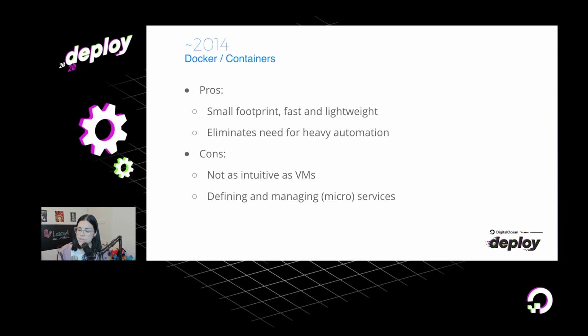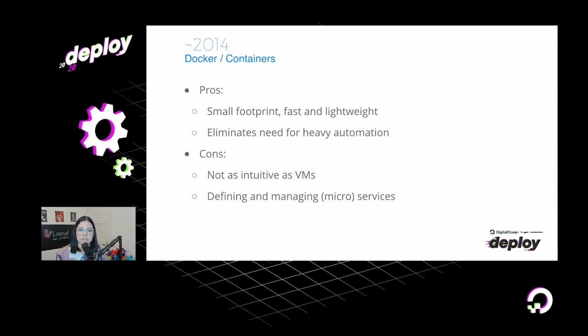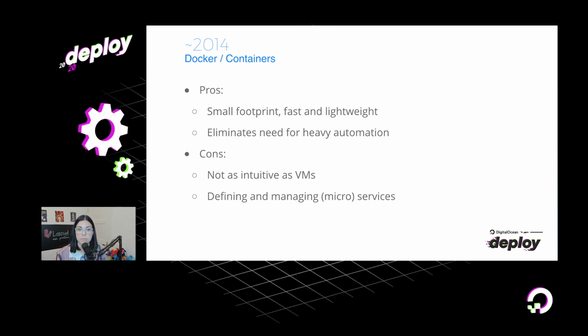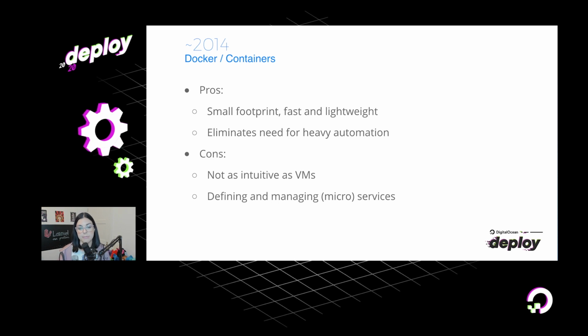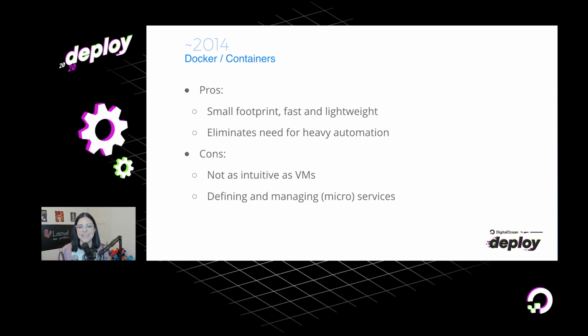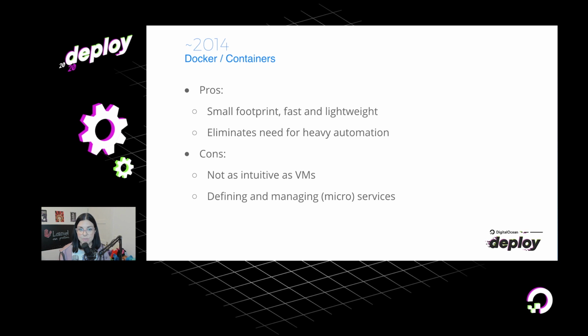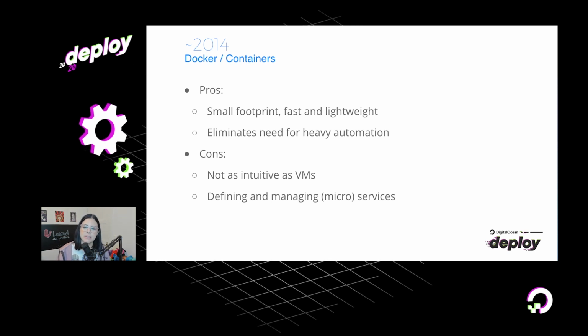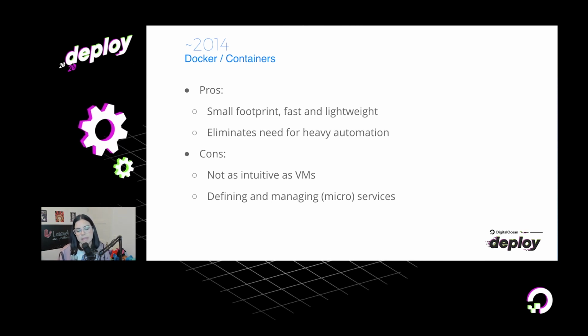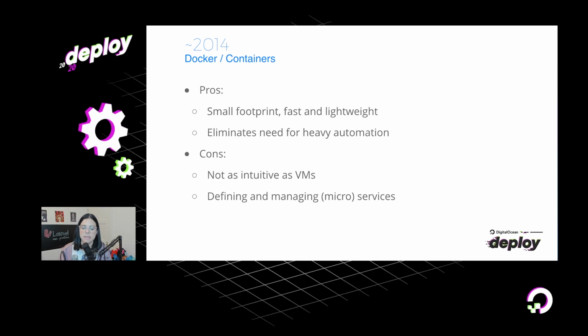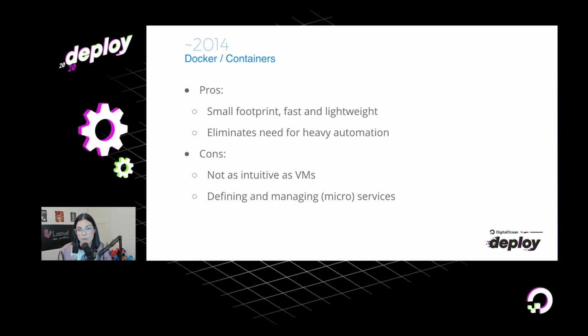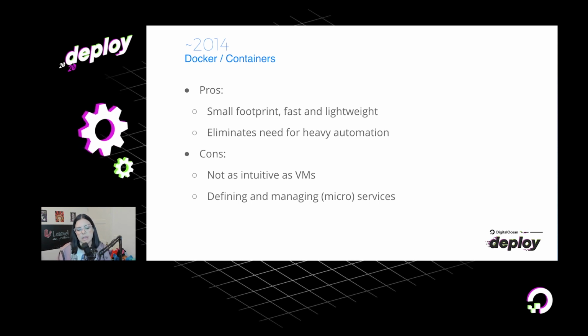Around 2014, it's when containers and Docker started to become popular. And finally, we had something that was very fast and lightweight to run development environments. The other good thing is that it would eliminate the need for heavy automation.